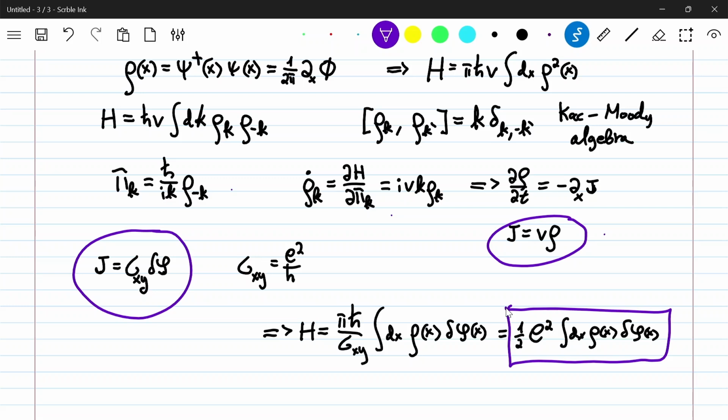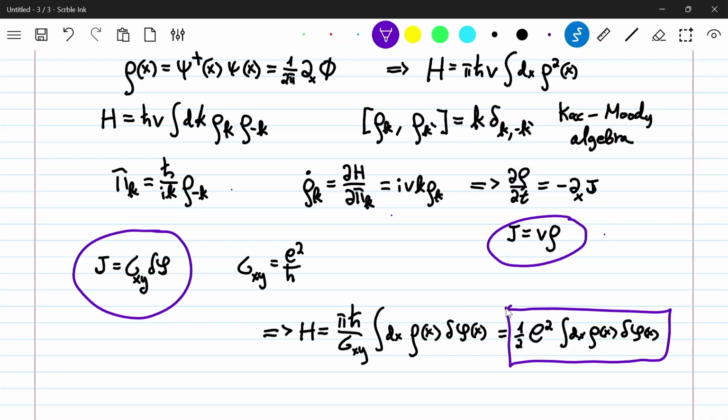So while we derived it for the integer quantum Hall effect, if we want to understand the fractional Hall effect, let us start from it. Of course, it will not describe what happens in the bulk. It will just describe the edge theory, and the edge theory will be of the same nature.